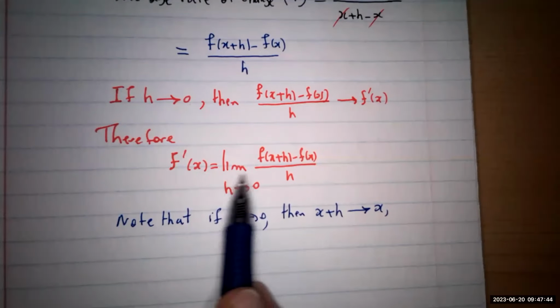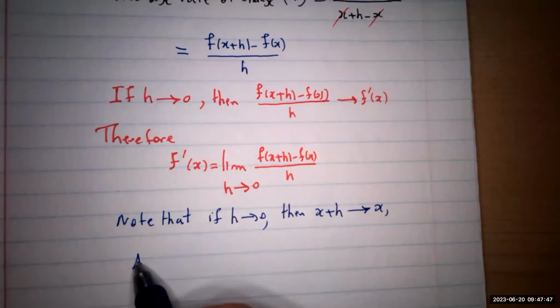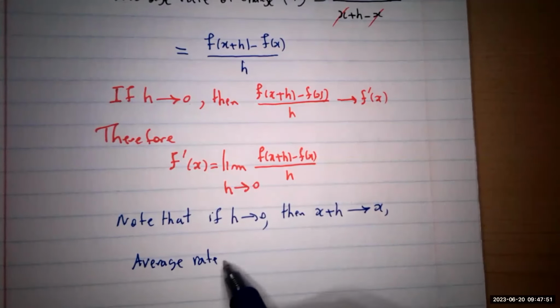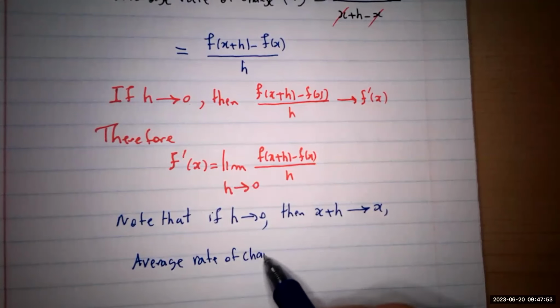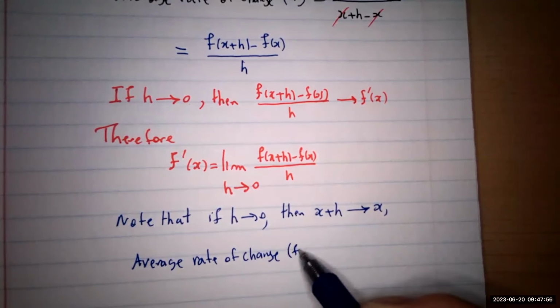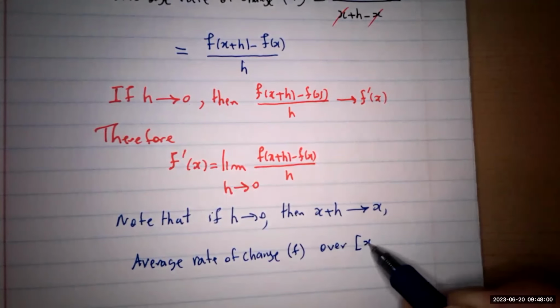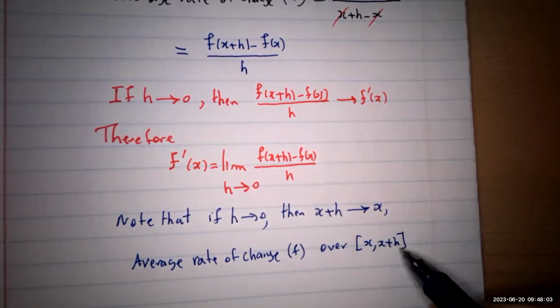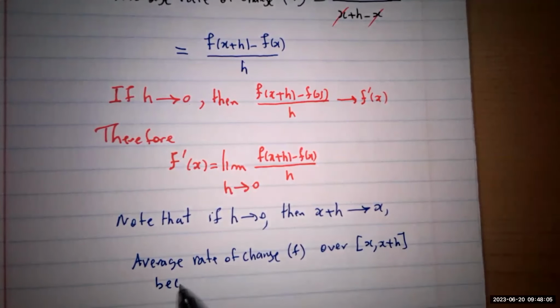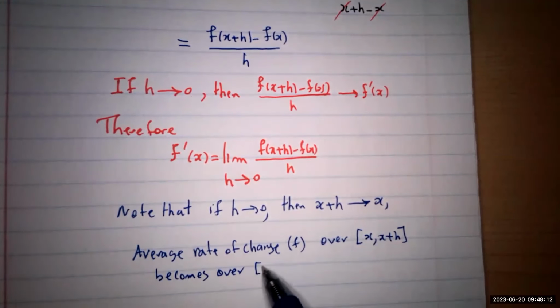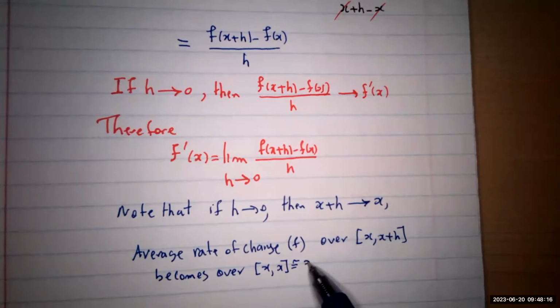And your average rate of change of f over x and x plus h becomes over x and x. You can just call it x if you like.